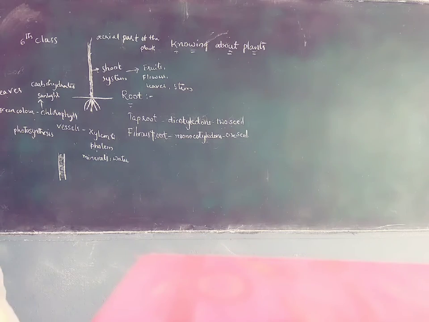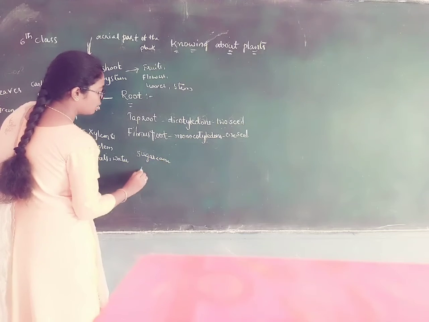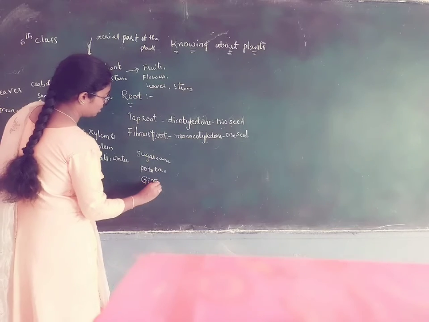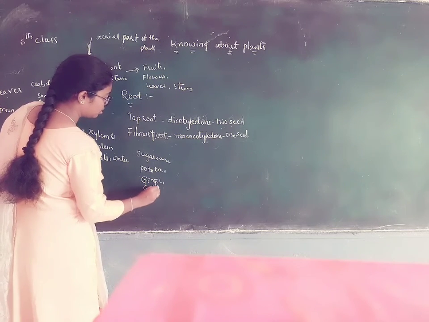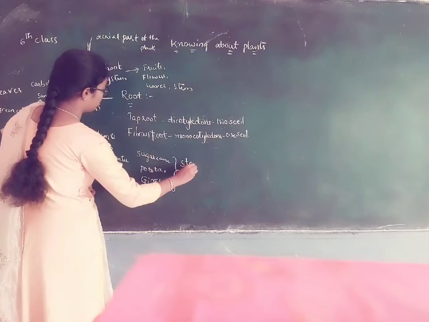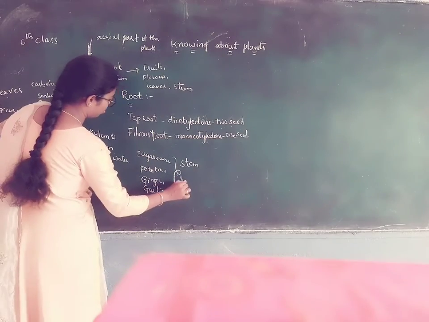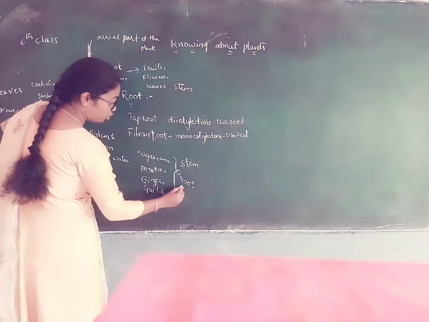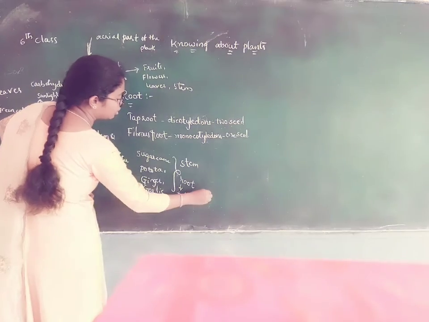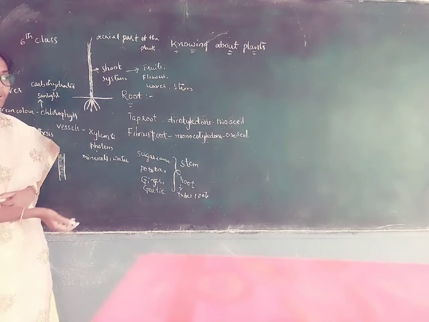Sugar cane, potato, ginger, garlic are stems. Though the fruit lies near the roots, they are not said to be tuberous roots. They come under stem modification, that means underground stem modification.